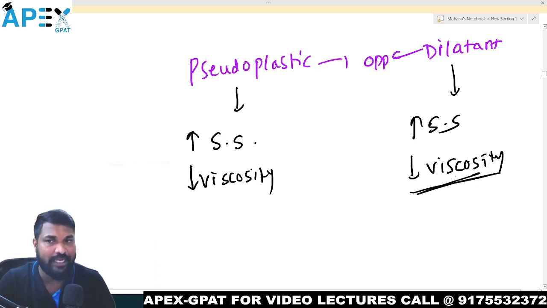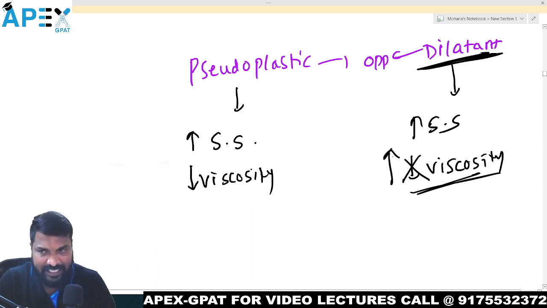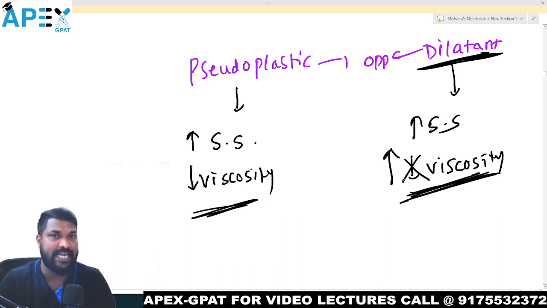Viscosity decreases. That's why dilatant. No, it is not viscosity decreases. Here the viscosity increases. I said opposite, right? The decrease in one means the increase in the other.